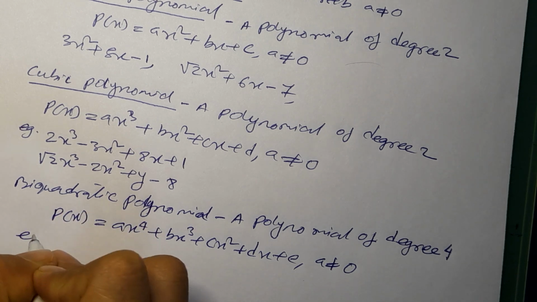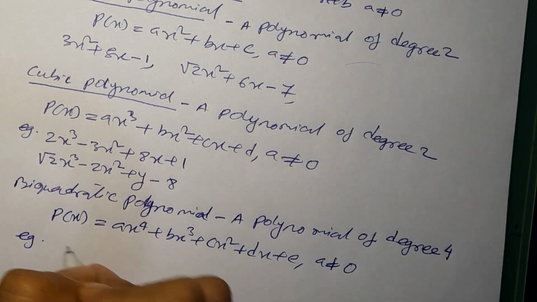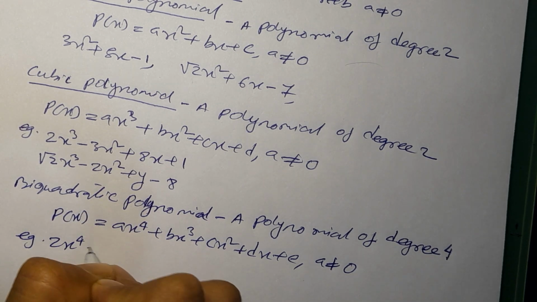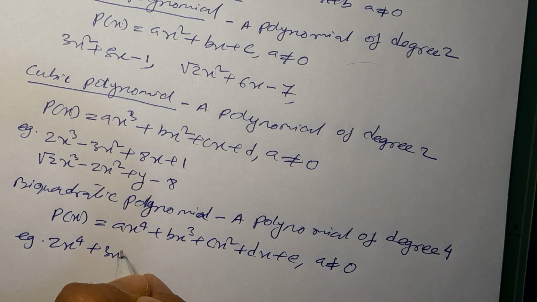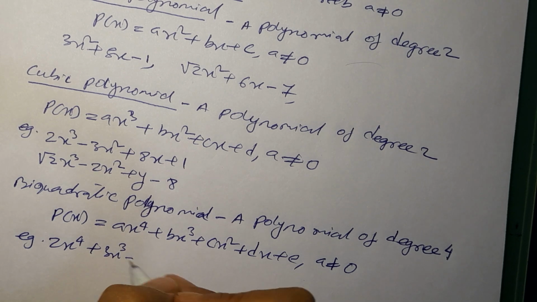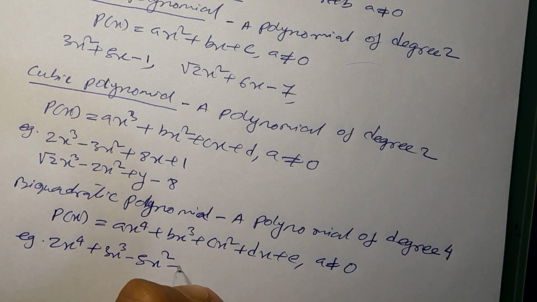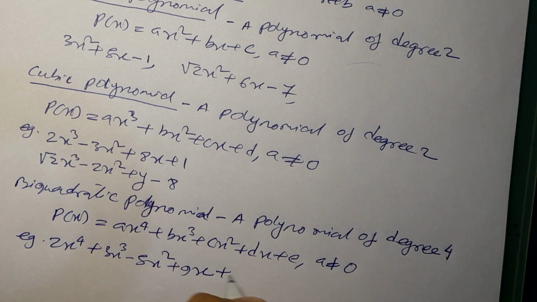Example: 2x to the power 4 plus 3x cube minus 5x square plus 9x plus 1.